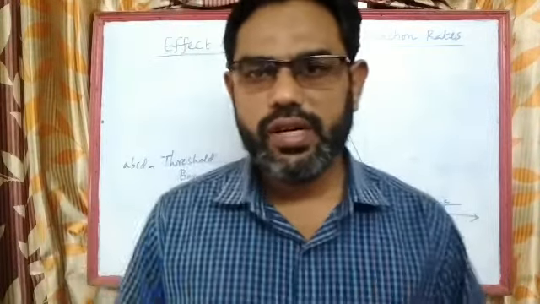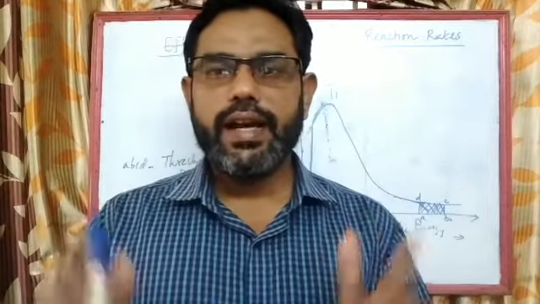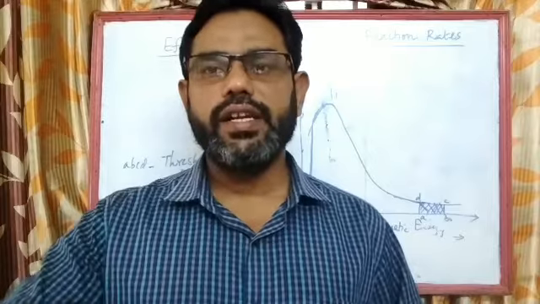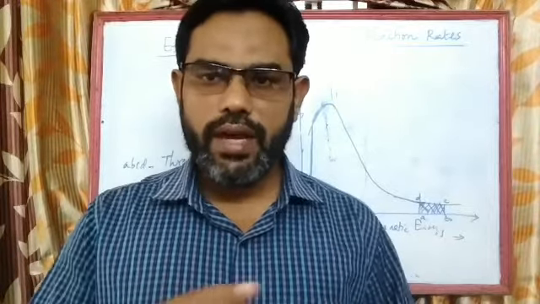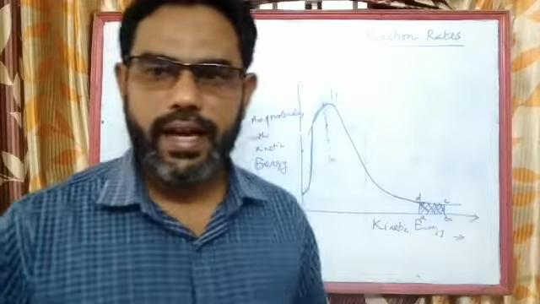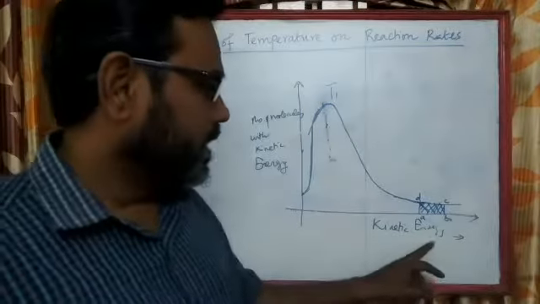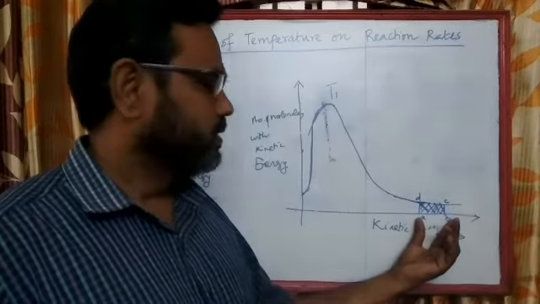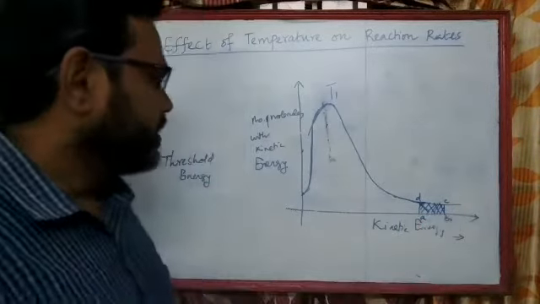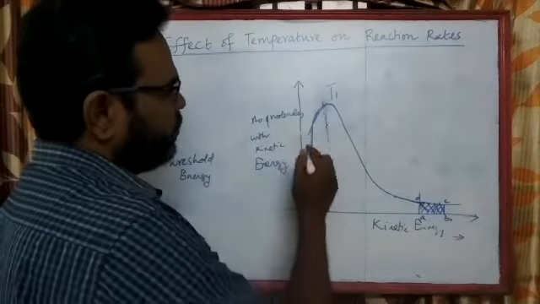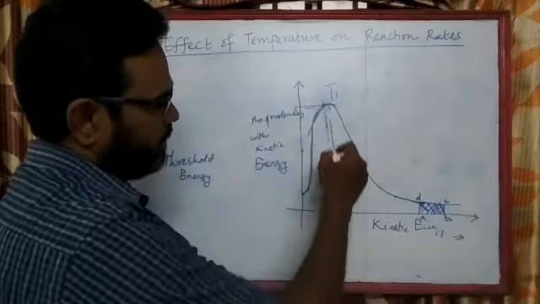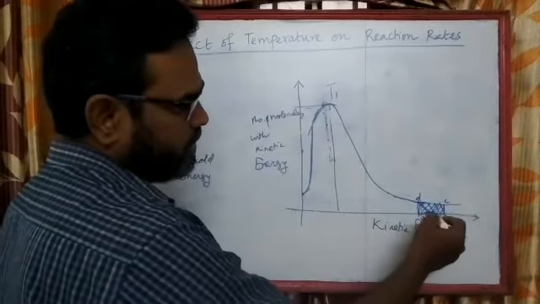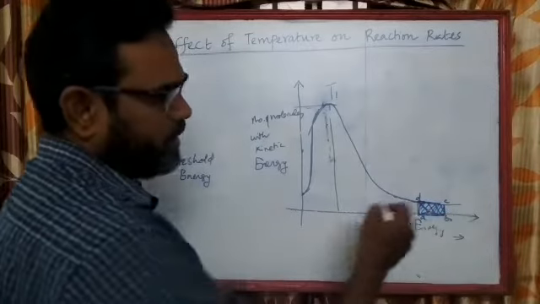So the threshold energy is the minimum energy that the reactant molecule possesses to convert the reactants into a product. By increasing the temperature, the kinetic energy increases. As a result, the molecules with the threshold energy increase. Though there are more molecules at this kinetic energy, there are fewer molecules with threshold kinetic energy here.